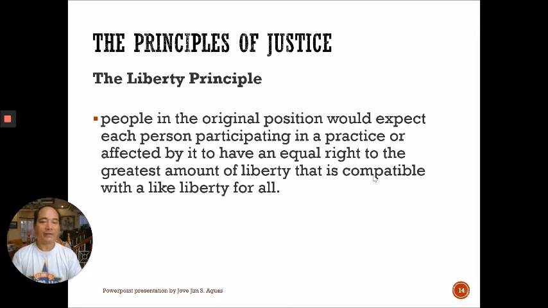Greatest amount of liberty. I already mentioned that in John Locke's philosophy, one of the three natural rights is the right to liberty or right to freedom. The two others are, of course, right to life and right to property.